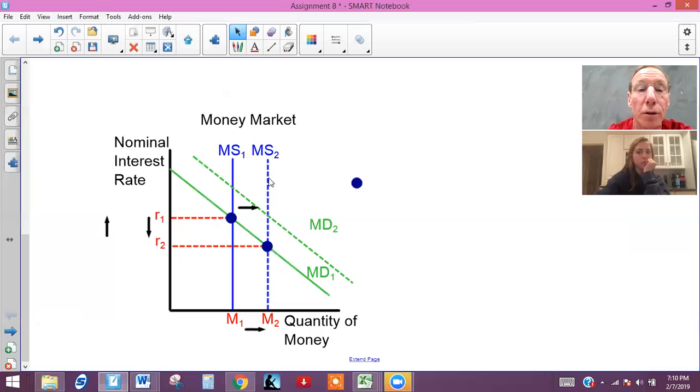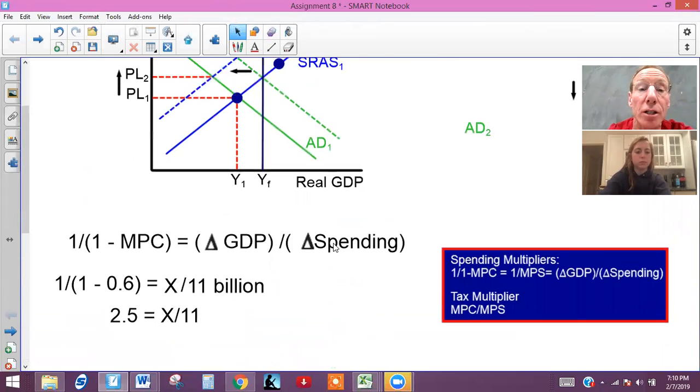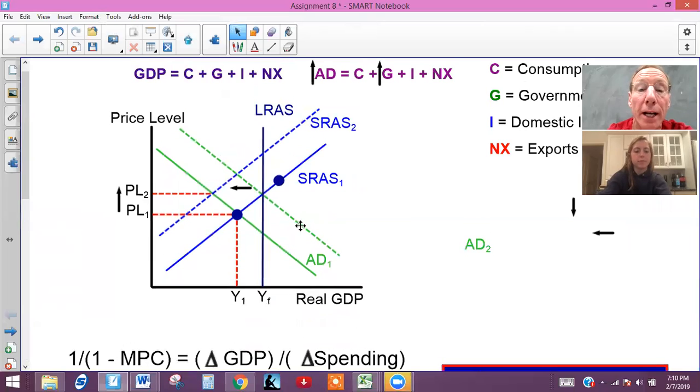When they increase the money supply, that makes nominal interest rates go down, which increases investment, which once again shifts the aggregate demand curve out.